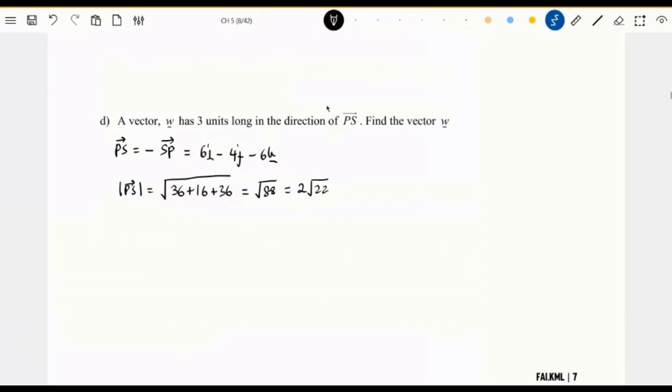Okay, now we have W equal to 3 PS hat. So I put hat here. So we're gonna have the PS hat adalah 6i minus 4j minus 6k over 2 square root 22. So simplify it first. So we're gonna have 3i minus 2j minus 3k, the whole thing divided by square root 22.